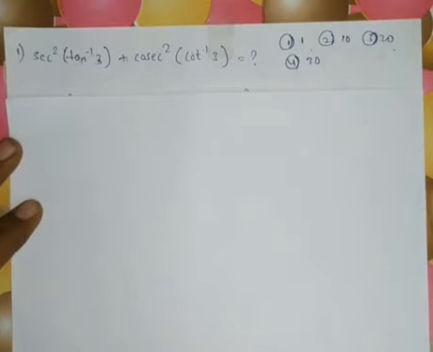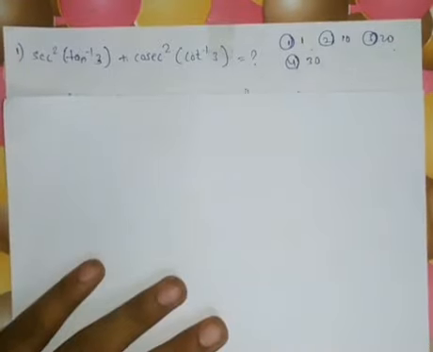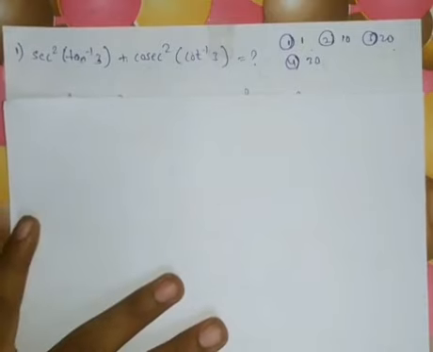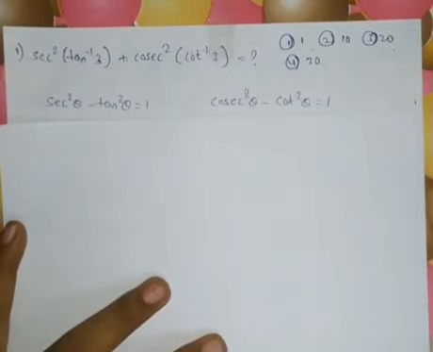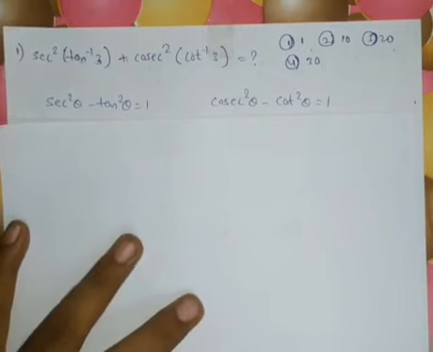We are trying to convert this secant square into tan square. So we need to know the formulas: secant square theta minus tan square theta is equal to 1, and the second identity is cosec square theta minus cot square theta equals 1.